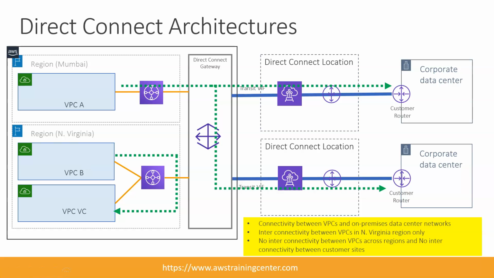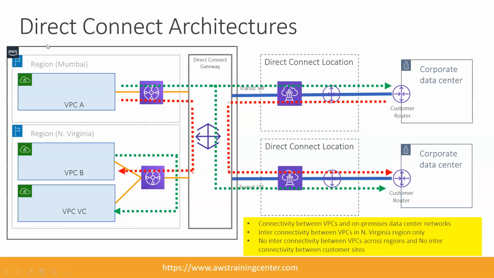Transit gateway will provide that connectivity. However, your VPCs in the Mumbai region still cannot communicate with the VPCs in the North Virginia region because the transit gateway cannot communicate through this Direct Connect gateway, as it is non-transitive. So this doesn't work. And also the corporate data centers cannot communicate with each other. So this is the second kind of architecture that you can look at.